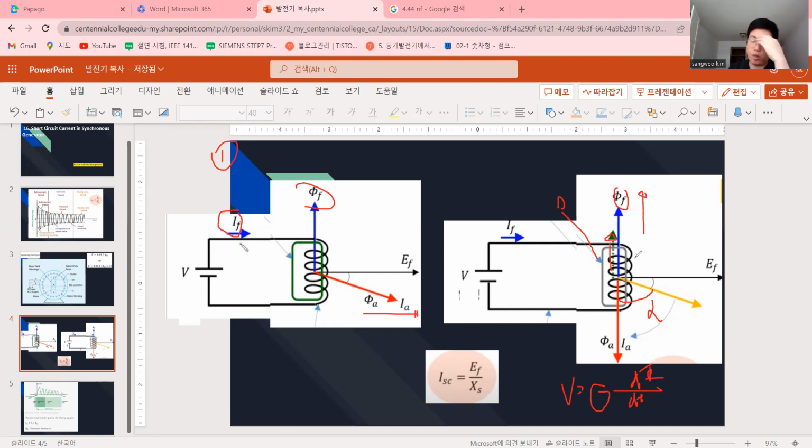And then the IF, field current, also induced. So IF is bigger, which means E equals 4.44 f N pi m is gotta be suddenly bigger. So we divide these three sections.